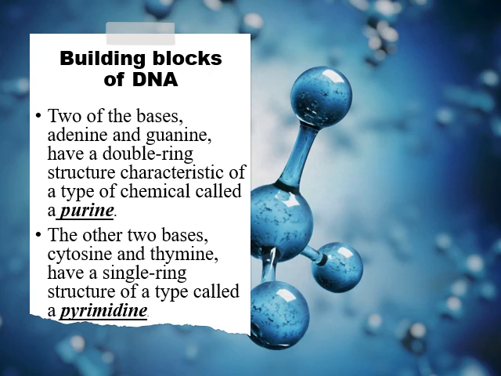Consequently, it means that DNA and RNA are polynucleotides. So, like we said, a nucleotide consists of a pentose sugar, a nitrogen base, and a molecule of phosphate.